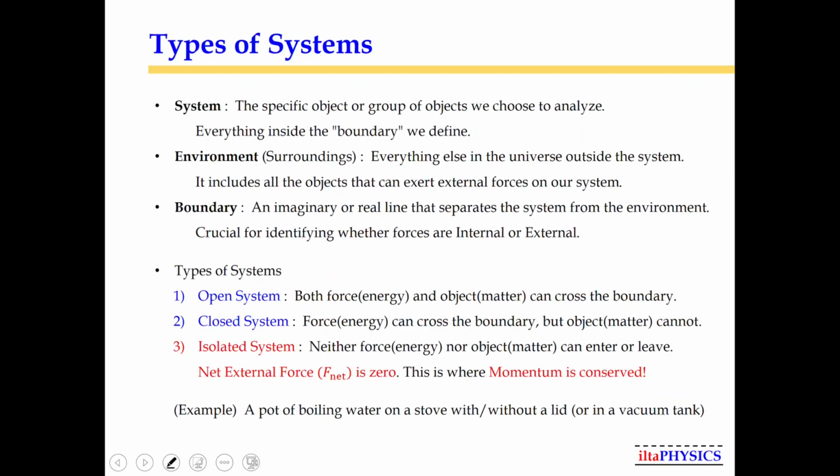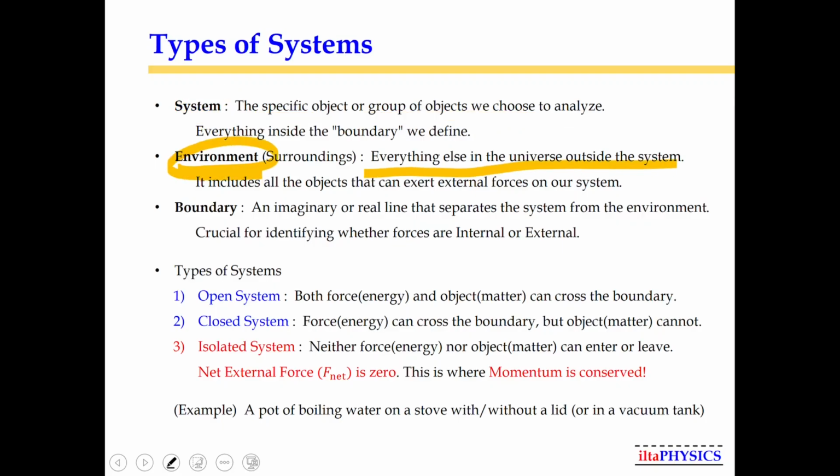The concept of a system in physics can be categorized into three main types based on their characteristics. First, let's quickly recap the system and environment we just talked about. You can think of a system simply as a collection of objects that we are interested in analyzing. And everything else except for the system is what we call the environment.